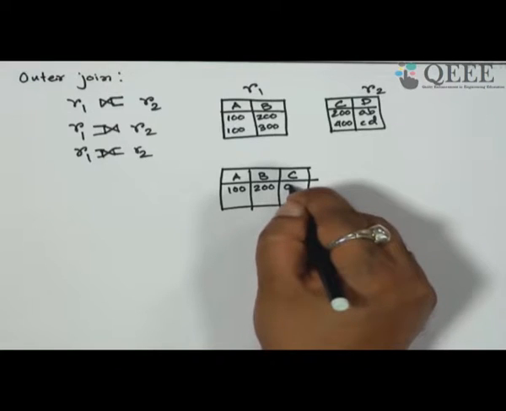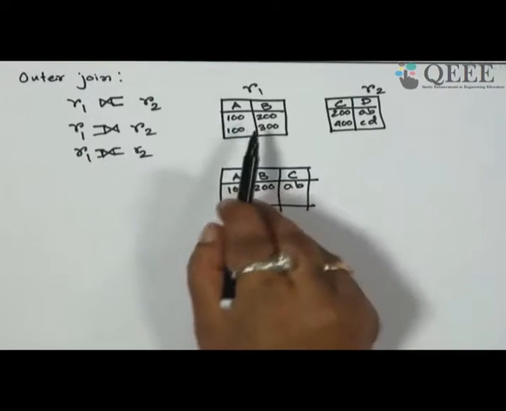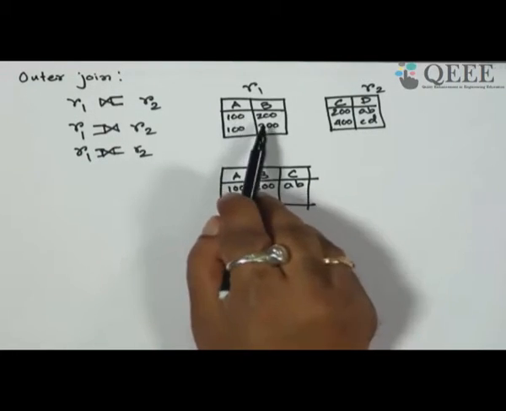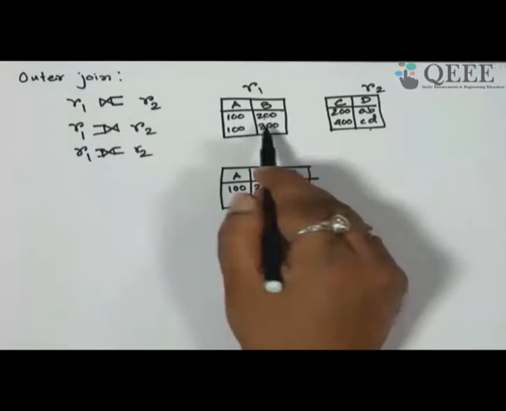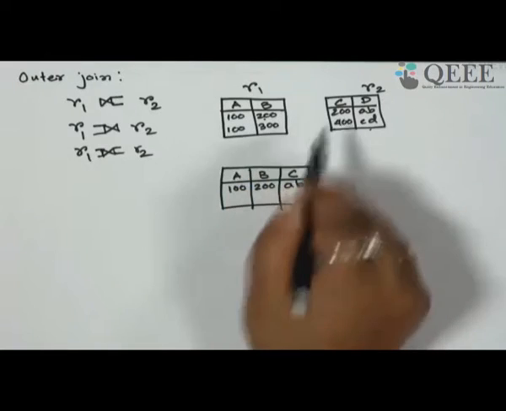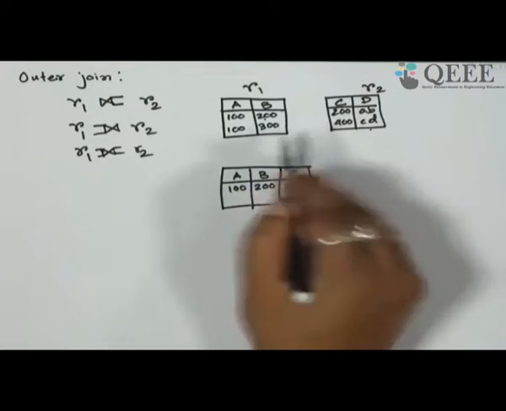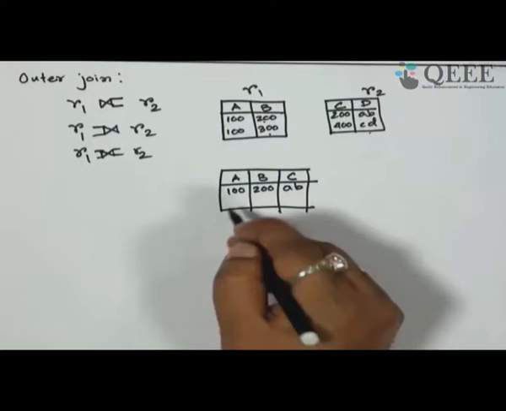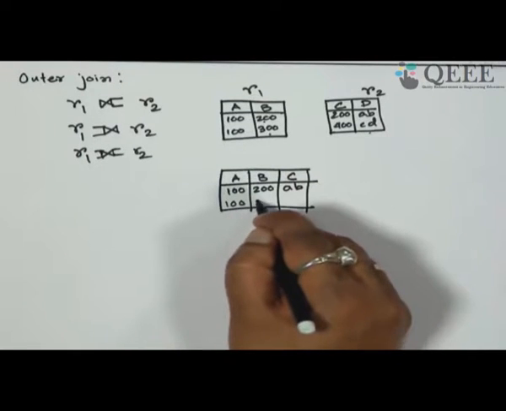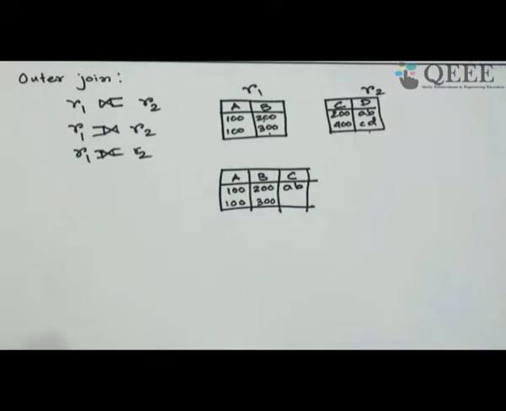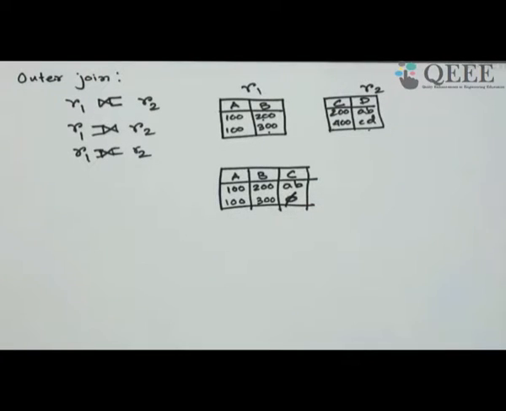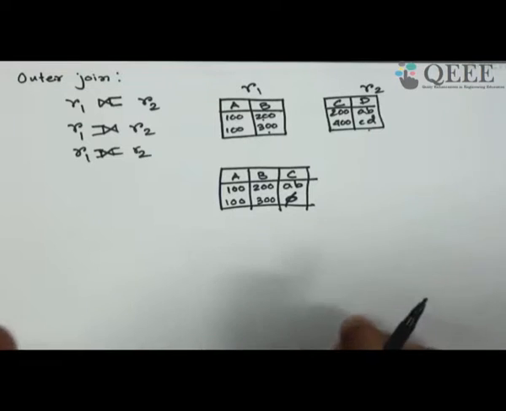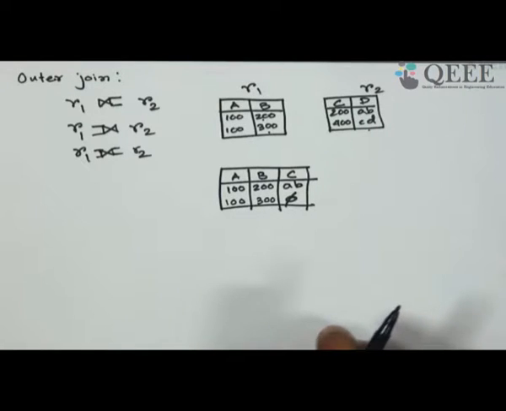But for others, for example, this does not join with this. So what I do, no, sorry, this joins with one, this does not join with anybody. So I still keep this, still keep 300, and for the remaining value I just keep a null. Note that there is a special value that any attribute type can take.